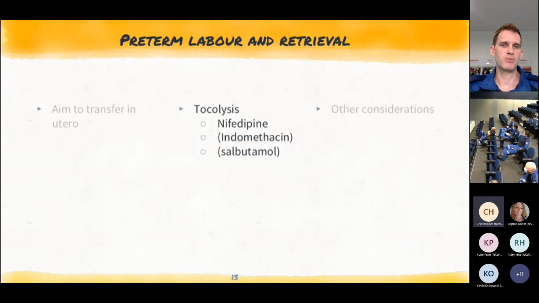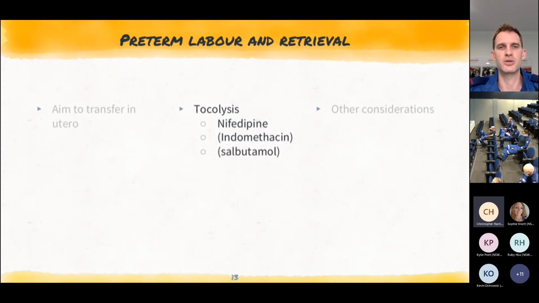With these preterm, there's the question of whether you're giving tocolysis, and the answer to that is basically if there's a benefit in delaying birth. That benefit would be for more preterm babies, so that could be to get them to a tertiary centre.